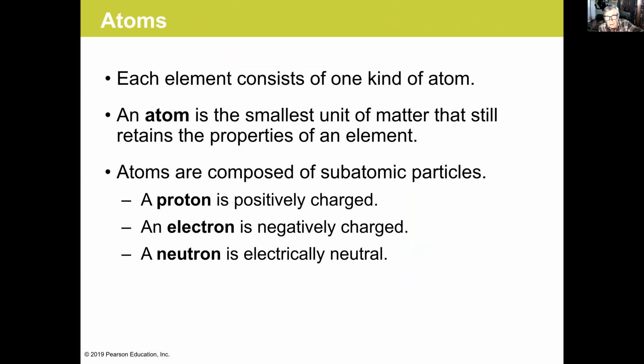A proton is designated as having a positive charge, and there's only one other type of charge, and that's negative. Electrons are given the negative charge. It could have been the other way around, but that's how people first set things up. So remember that protons are positive, electrons are negative, and neutrons don't have a charge.